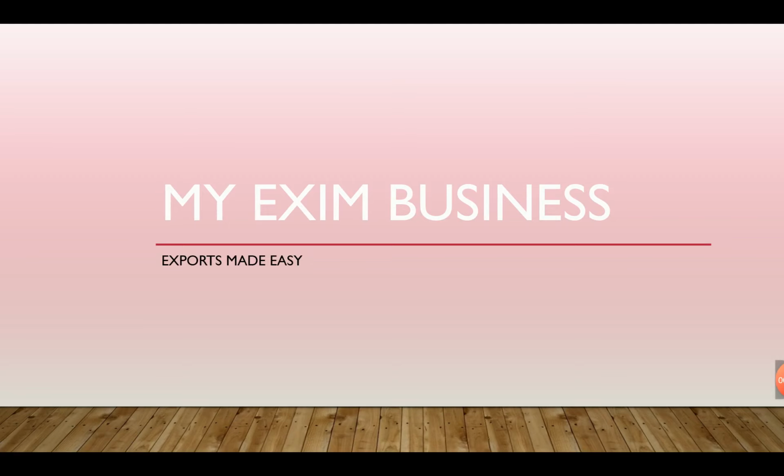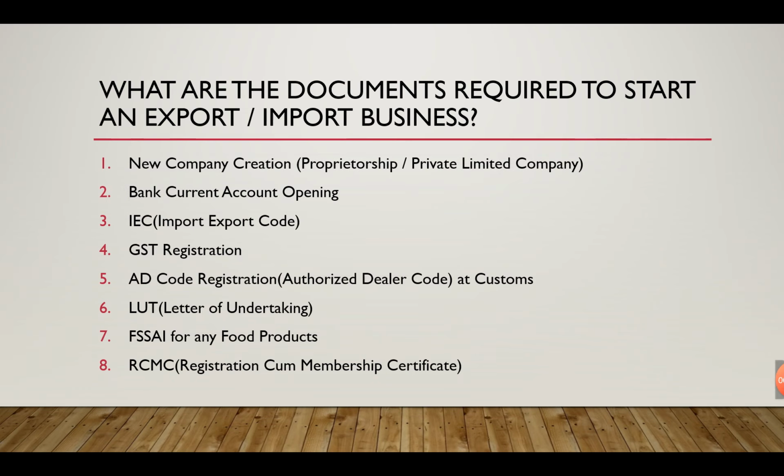In this session, we are going to see the documents required to start an export import business. So one is new company creation. It can be a proprietorship or private limited company.